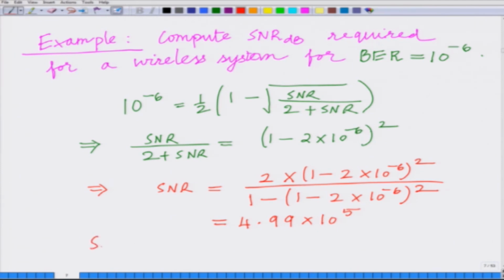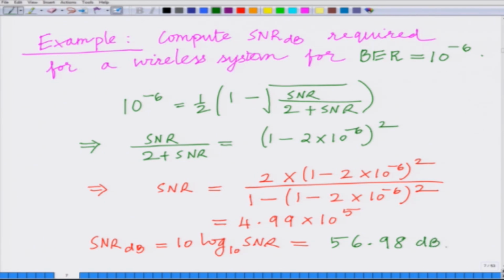The SNR in dB equals 10 log 10 SNR, which is 56.98.